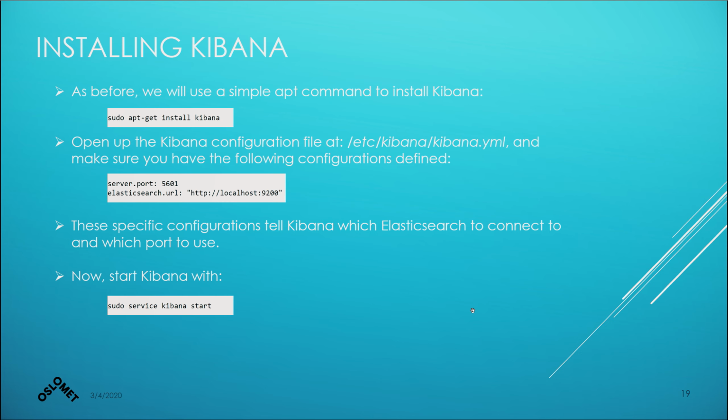And Kibana installation is even simpler. You don't need any kind of precondition, just apt install, and that's it. So in this case, Kibana is gonna listen on port 5601 and the Elasticsearch URL localhost. So just please, guys, run this on your local host. Don't expose this to the floating IP.